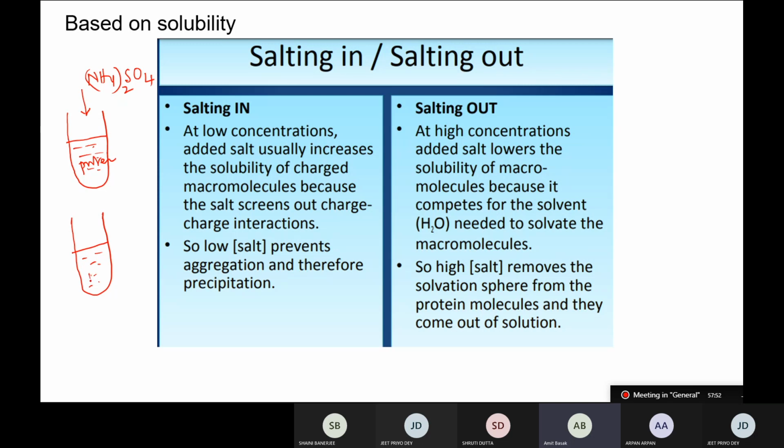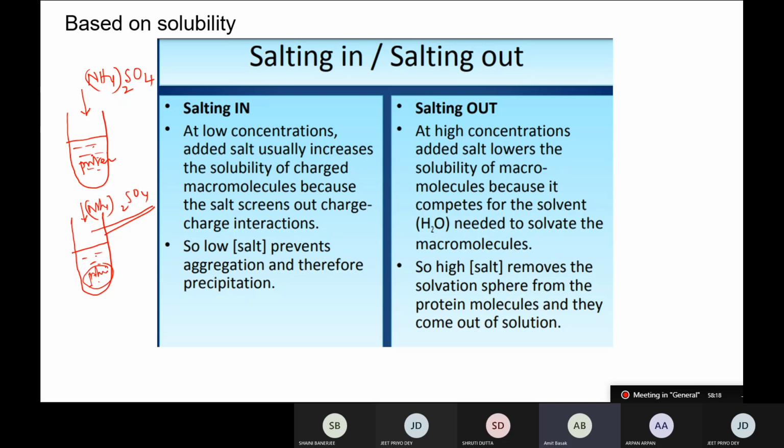You take the protein and add ammonium sulfate, and you see that the protein goes into solution. That means in the presence of ammonium sulfate, the protein is going into solution. This is what is called salting in. That means adding salt makes the protein go into solution.